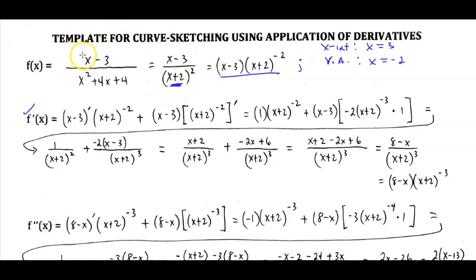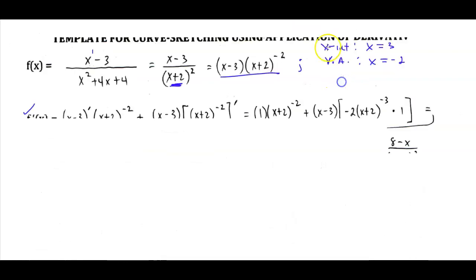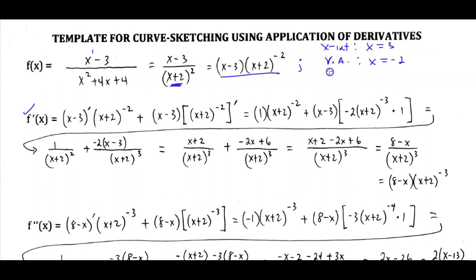We also see here that since the degree of the numerator is smaller than the degree of the denominator, we're going to have a horizontal asymptote at y equals 0. So we have all that, and that's important for us to know as well.